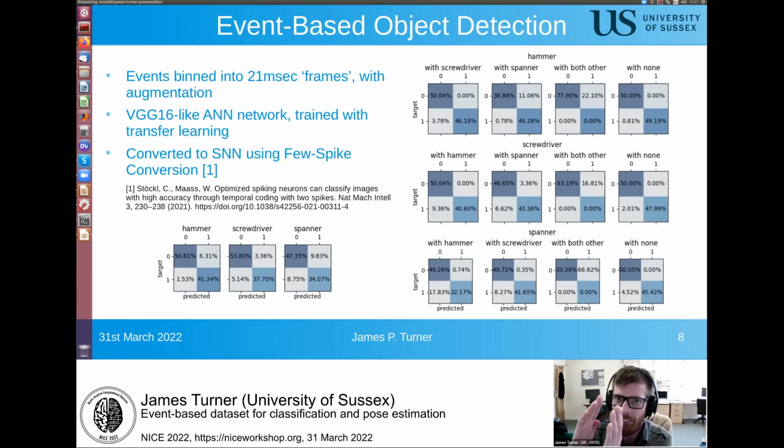And also when the prop stops moving, no events are generated, so it's unable to disambiguate. In particular, when the spanner is not present but both other props are present, the model often predicts that a spanner is also present, presumably because the other two props look like a spanner.